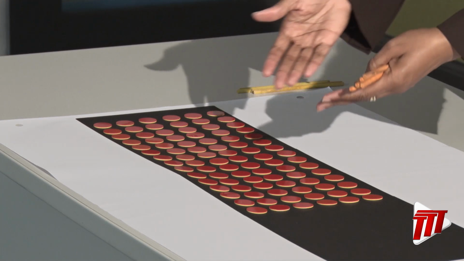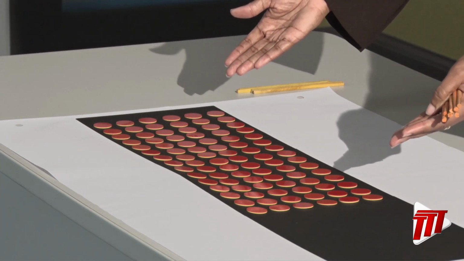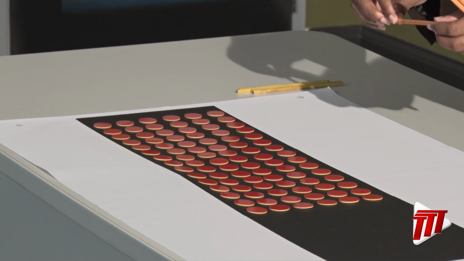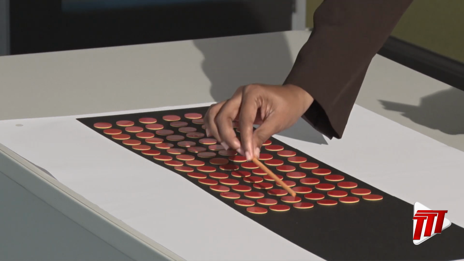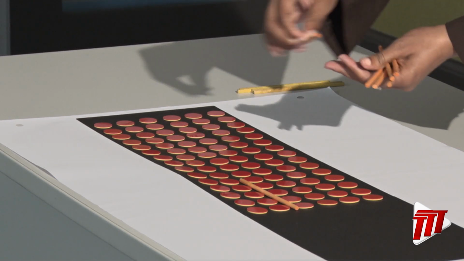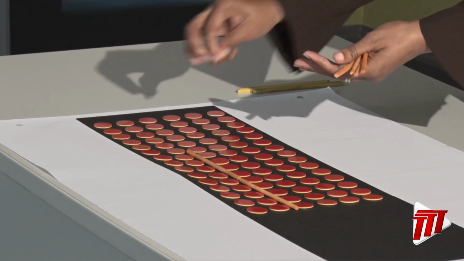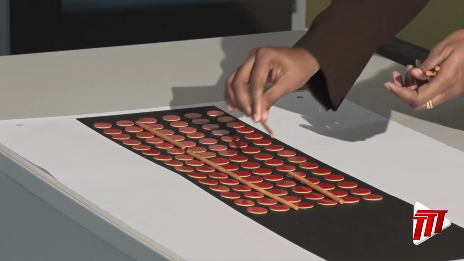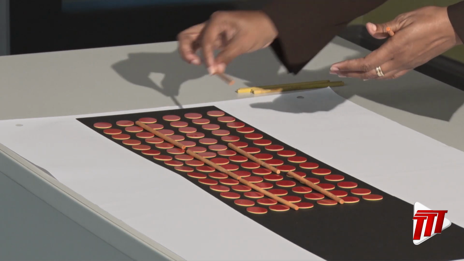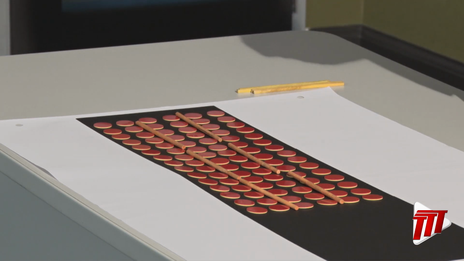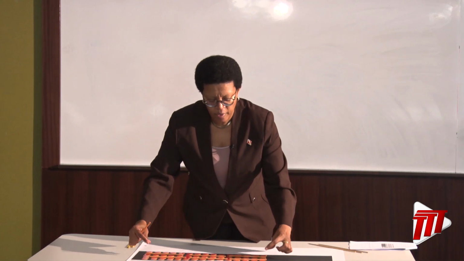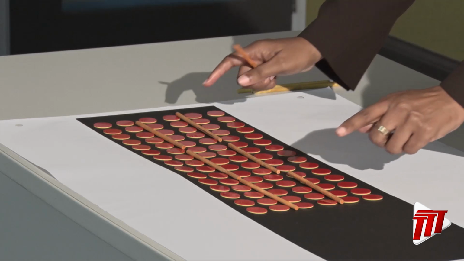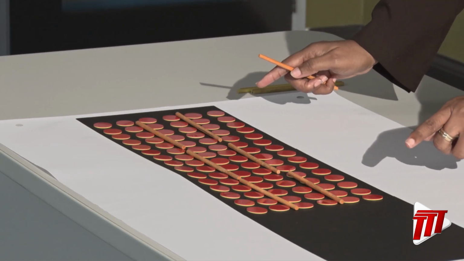Here we have our counters representing the 90 bottles. We can divide the set into 3 equal parts. Can you see where each part has 2 rows and all our rows have an equal number of counters?